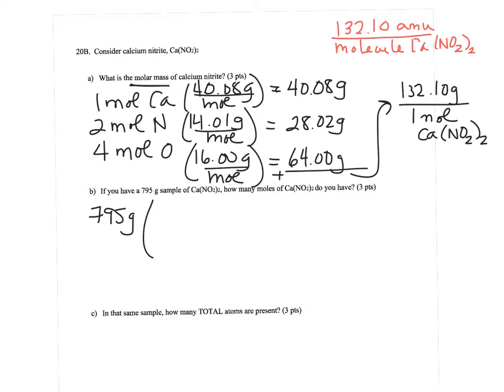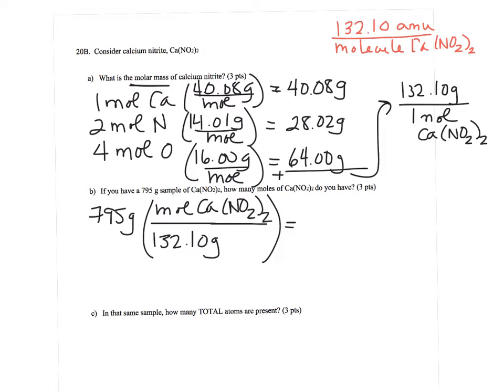So I can use the molar mass, 132.10 grams in 1 mole of calcium nitrate. No, calcium nitrate, sorry, I keep saying that wrong. And of course that allows my grams to cancel.